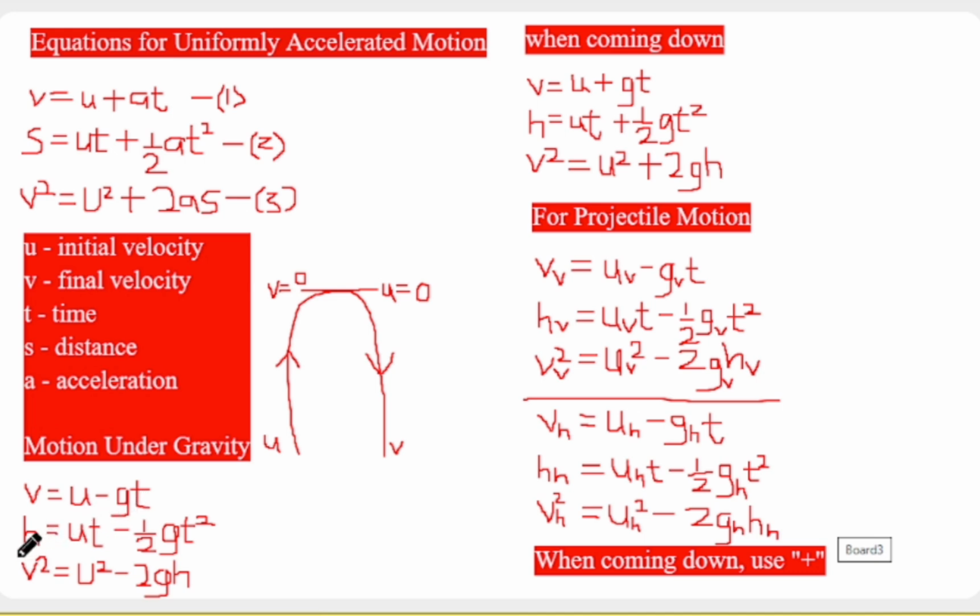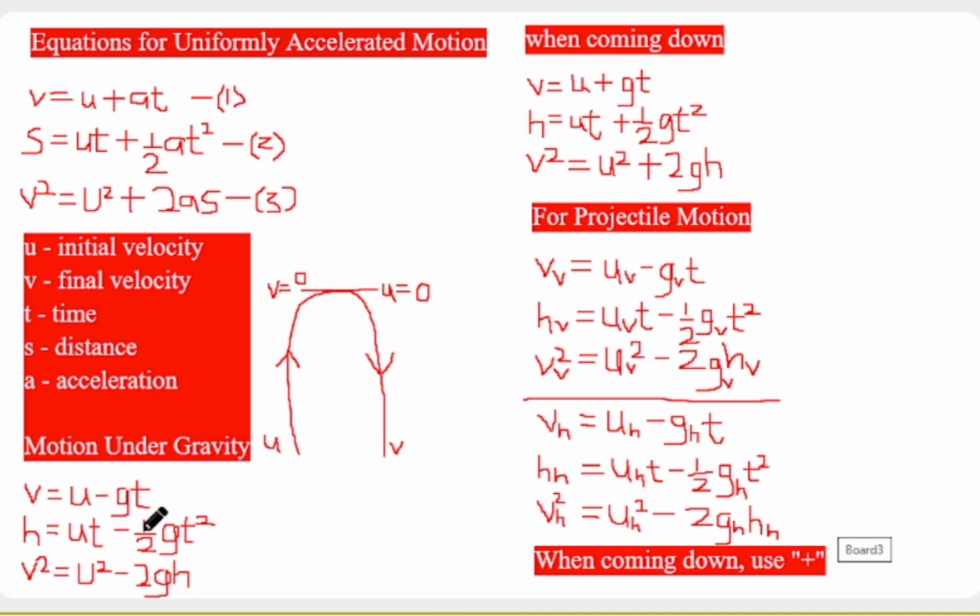Then our h is equal to ut minus half gt squared. That is for when the object is going up. When the object is going up, we will use minus.